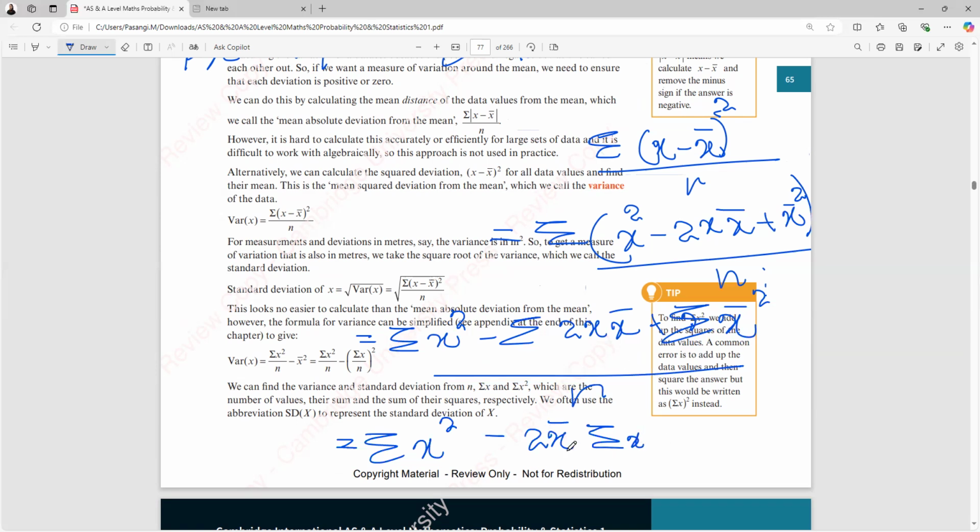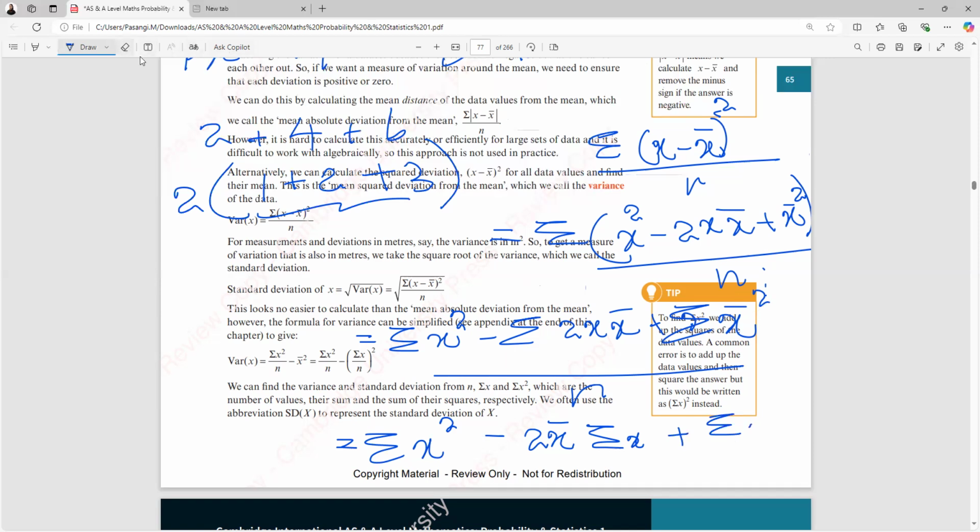Think of 2, 4, 6: if we wanted to add all these values, I'll take 2 out and make it 1, 2, 3, add them together and multiply by 2. That is the method here also. Sigma x, I'm adding all these values together and multiplying by 2x bar. Plus here we have sigma x bar squared.